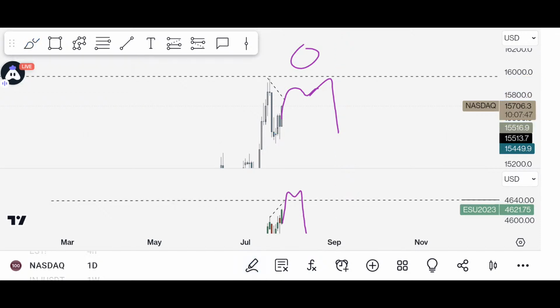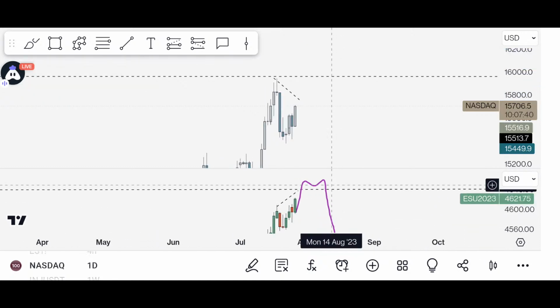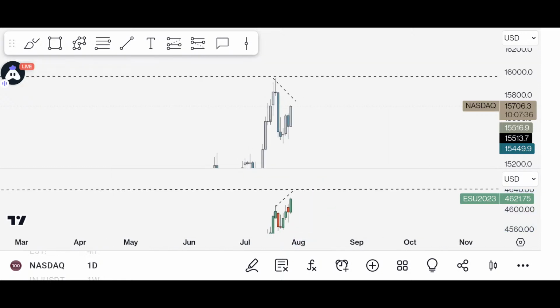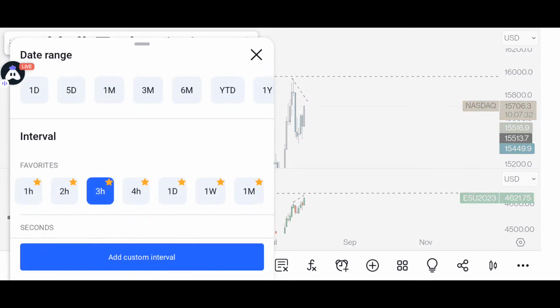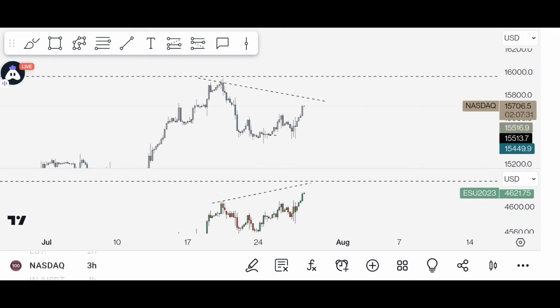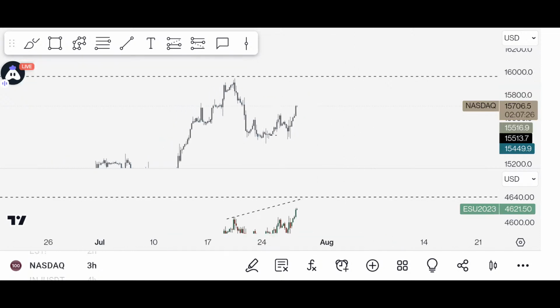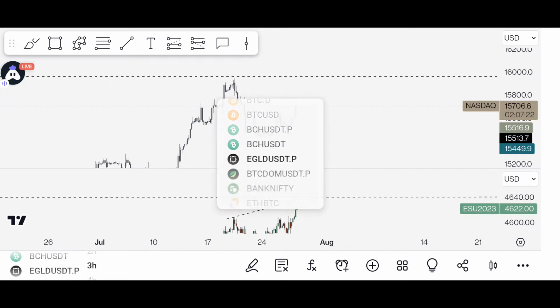So right now I am waiting for this price to go up into this premium, and then we will decide: if we get an order block, then you can short. Right now there is no order block and the market is still in the discount, so I'm not going to short here. I will show you an example of euro and GBP.